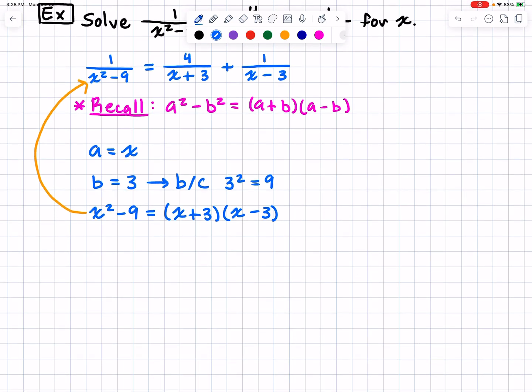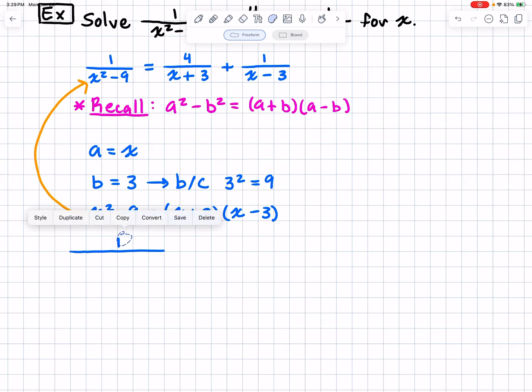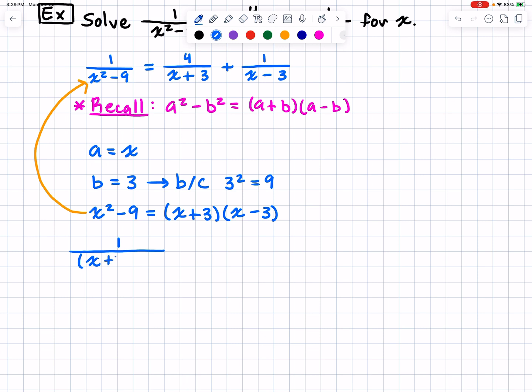So I'm going to go 1 over, and make this a little bit bigger, 1 over x plus 3 times x minus 3 equals 4 over x plus 3 plus 1 over x minus 3. And now it's super simple to see what our LCD is.